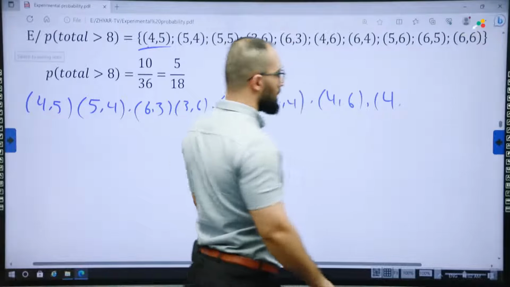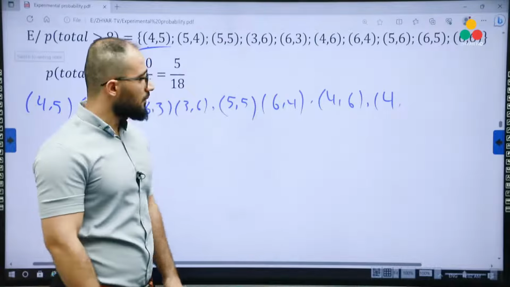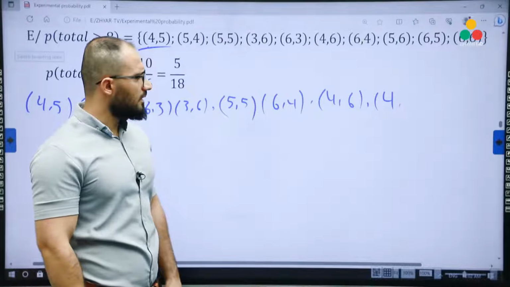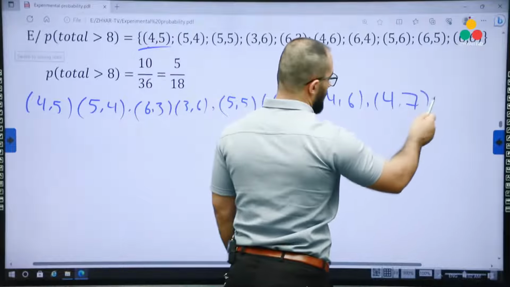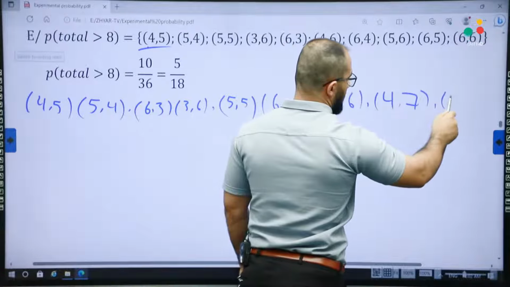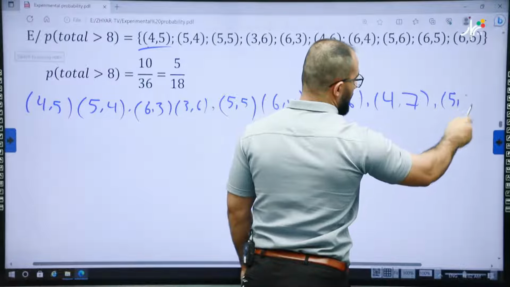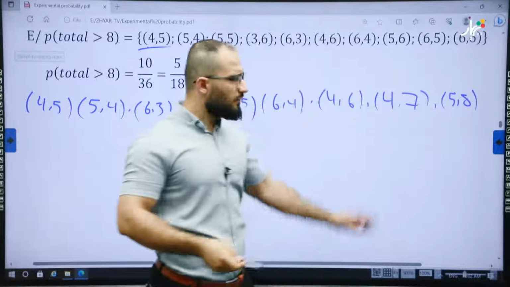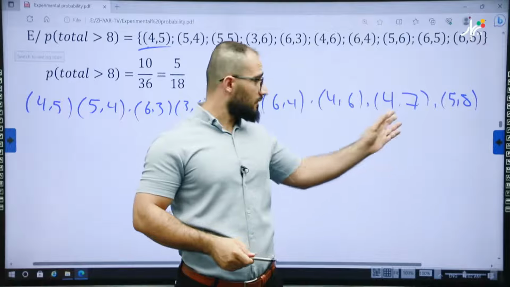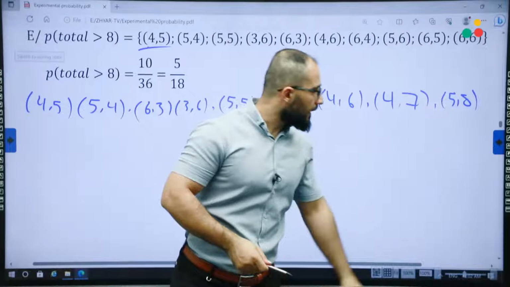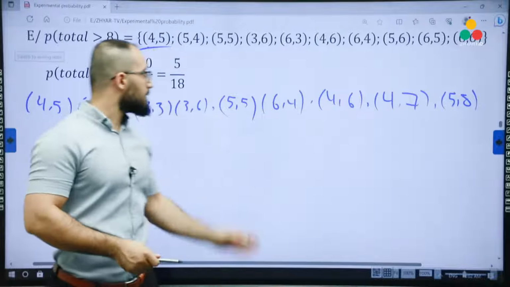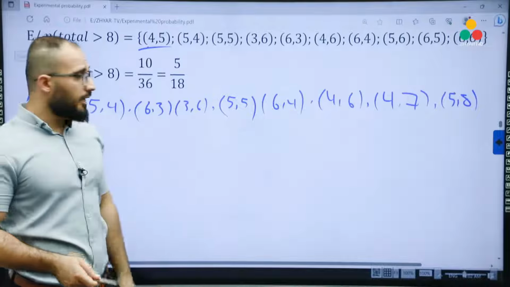Sometimes the students are going to make a big mistake. For example, some of you are going to write 4 and 7. Maybe some of you write, let's say, 5 and 8. You say 4 plus 7 is equal to 11, and 11 is greater than 8. Or 5 plus 8 is going to be 13, 13 is greater than 8. It's not correct. You have to be careful.